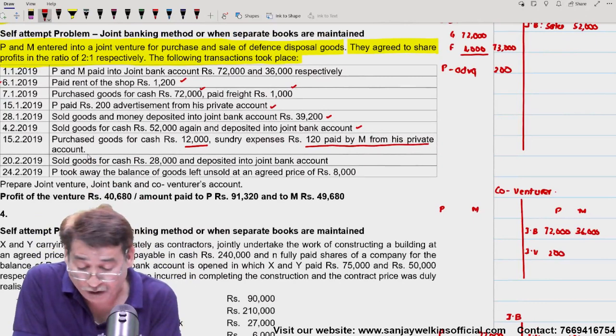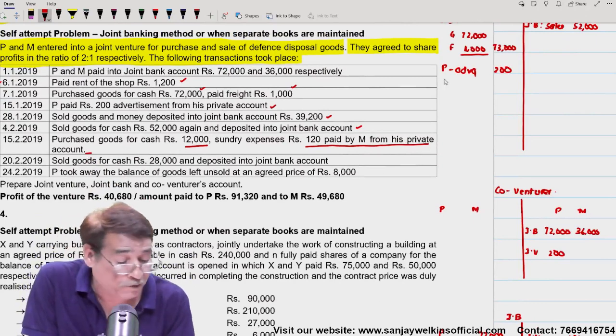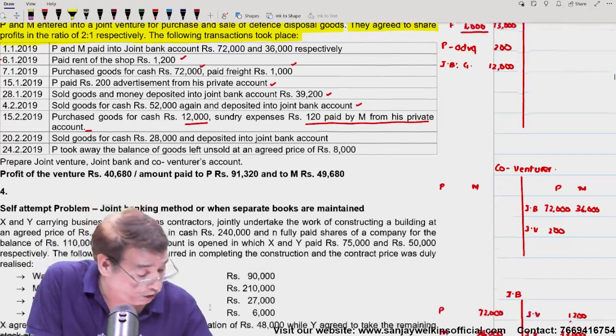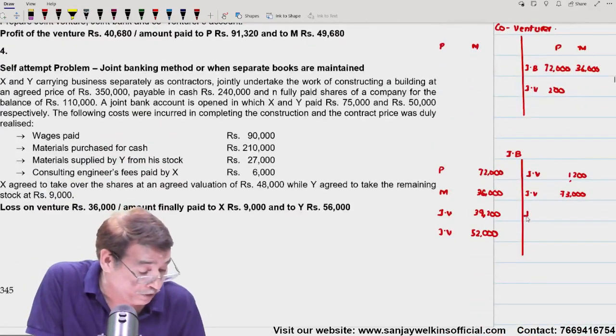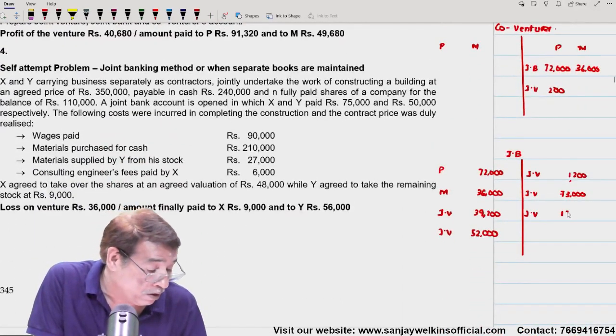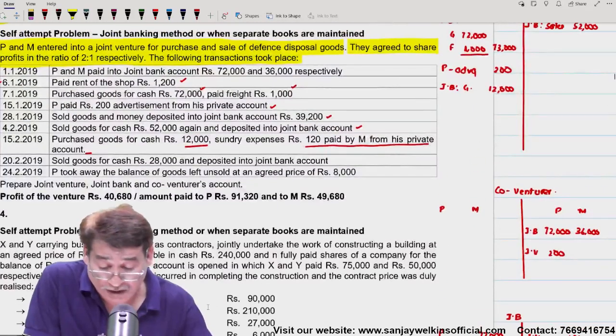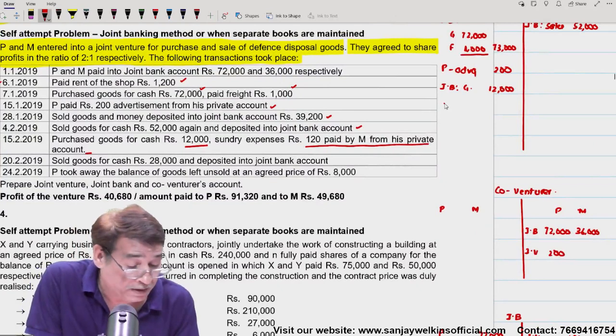Then we are given that purchased goods for cash 12,000, sundry expenses incurred by M from his private account. Goods have been purchased for cash. Entry will be joint venture account debit to joint bank. You have purchased some goods, 12,000. And then in the joint bank account, you will write by joint venture, 12,000. And it is also written that M has incurred some expenses on behalf of the joint venture, so joint venture account debit to M account.